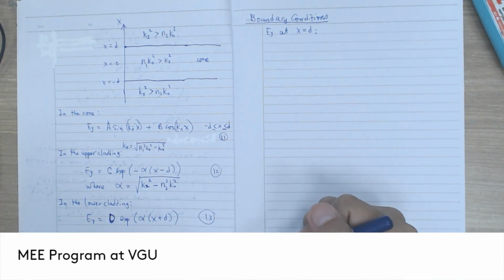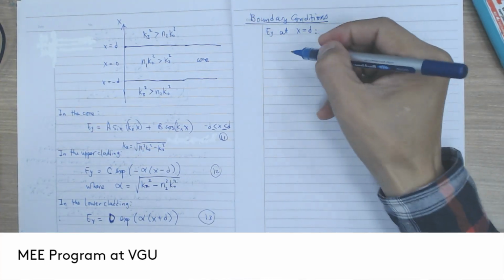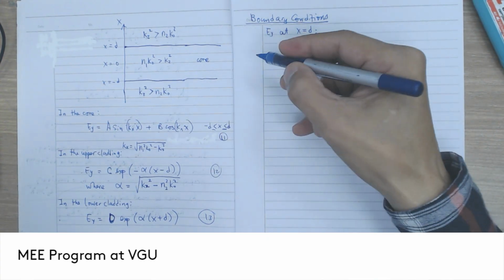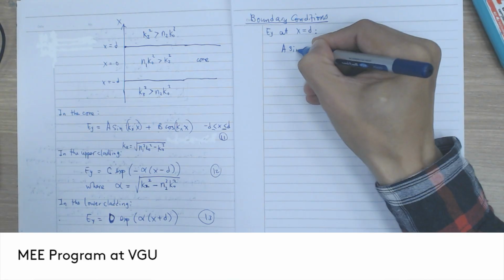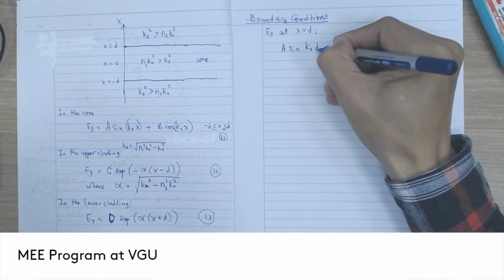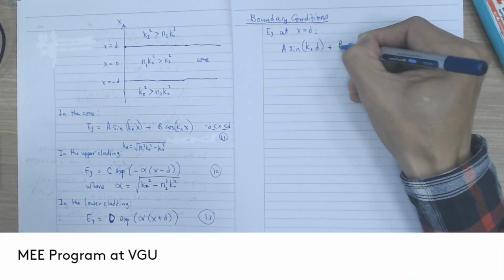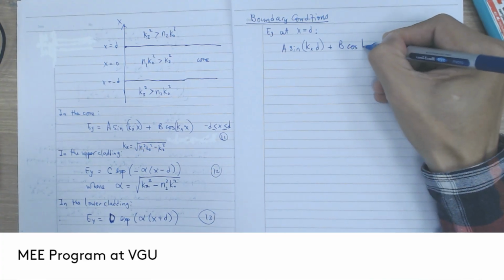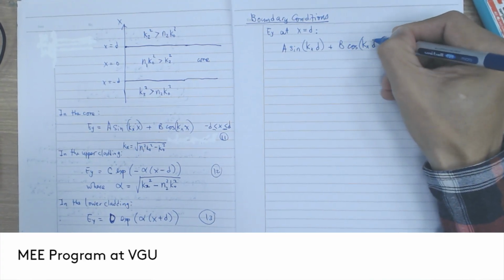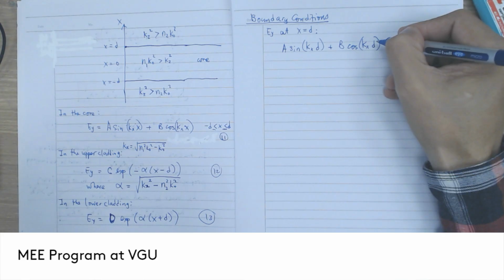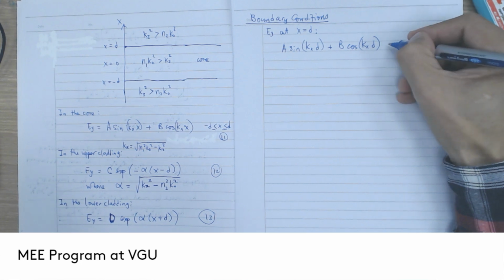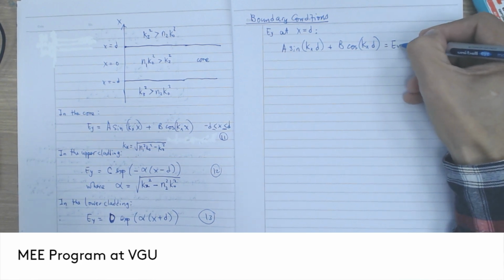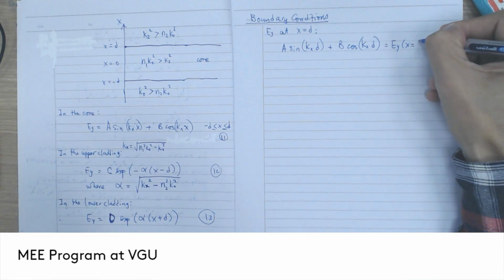Based on this information, if we substitute here, we will get a sine kx d plus b cosine kx d, and this is going to be E of y at x equal to d.